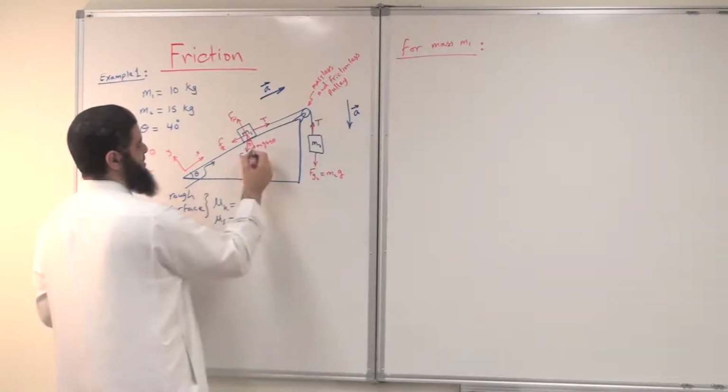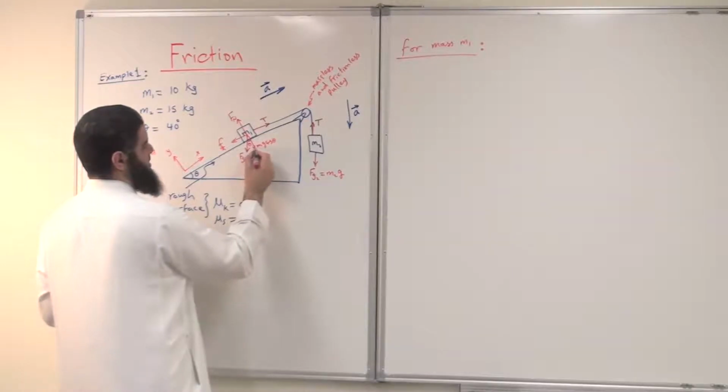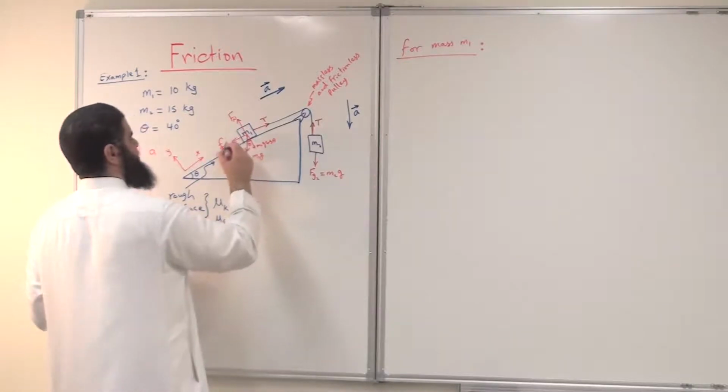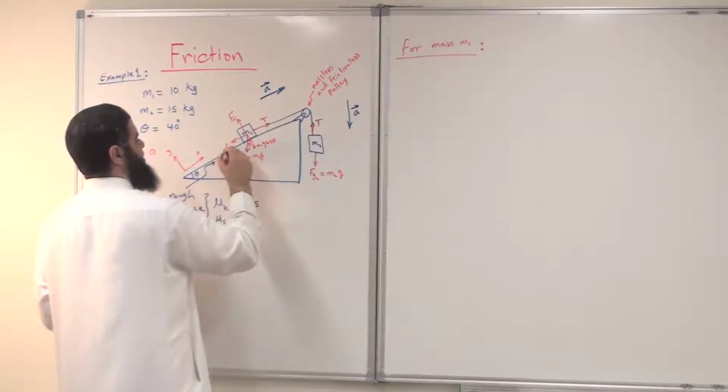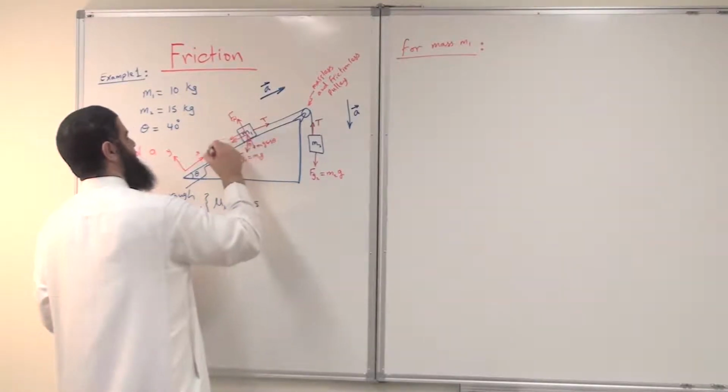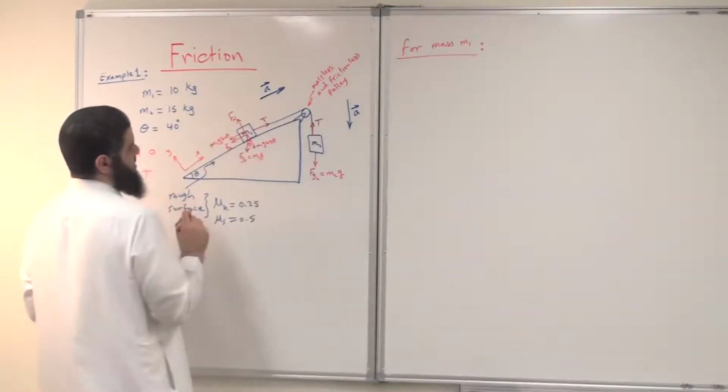The x component, which is opposite to theta, will have the sine, so in this direction it is M1G sine theta.